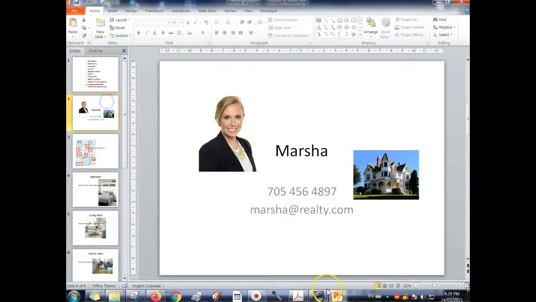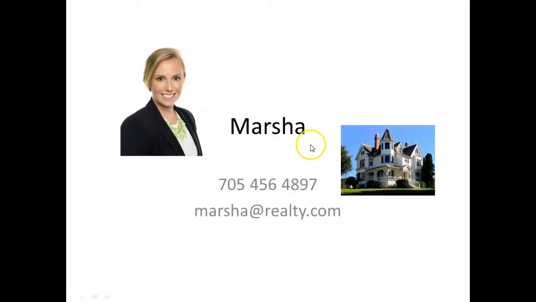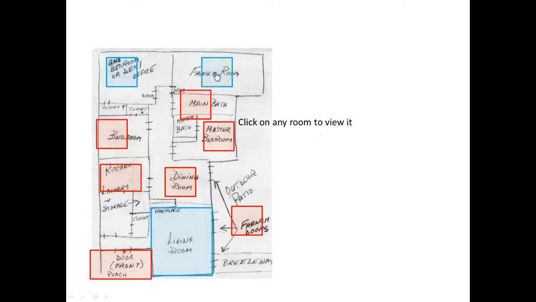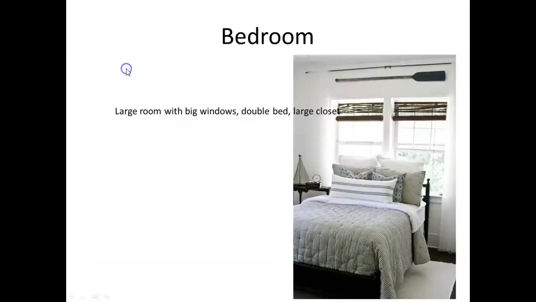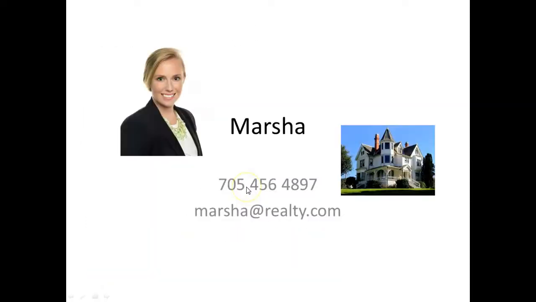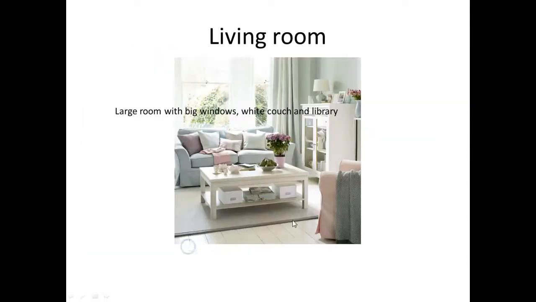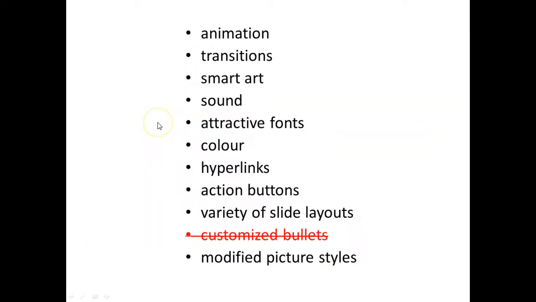If I run the presentation starting from here, I can click to the next one, I can click on this, it takes me to the room, and I can back up. I can click this one, it takes me to the room, I can back up and find it, I can click this one, it takes me to this room, right? So the content is on there, and what we're adding at this point is these effects, okay?